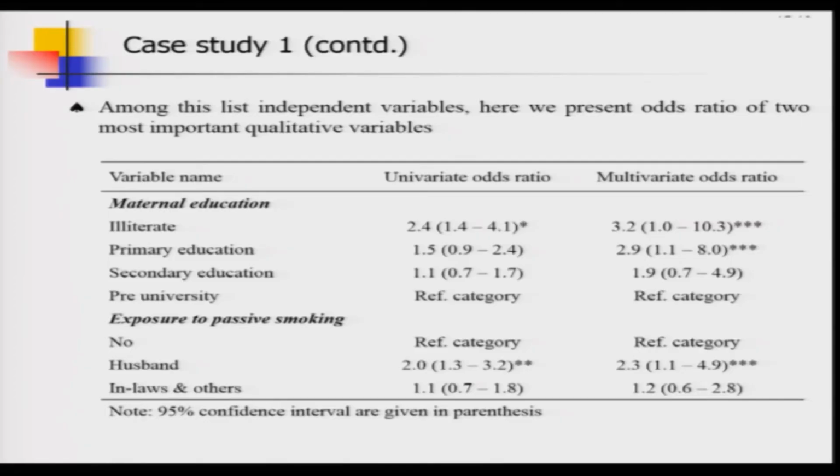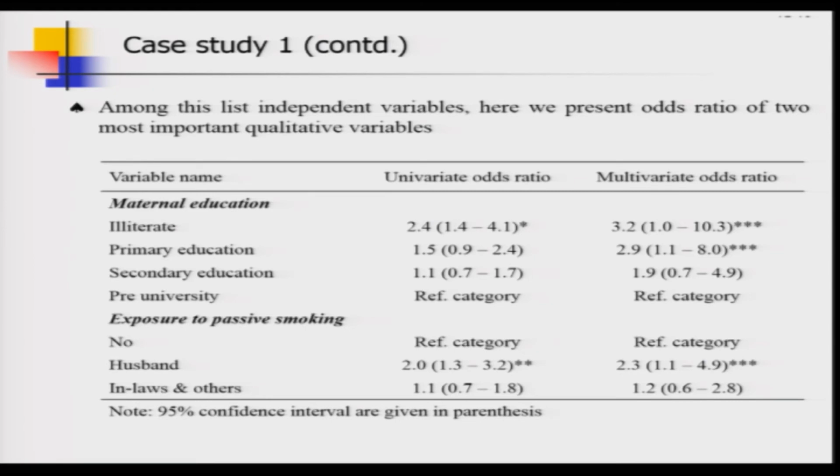Now, let us look at the role of education, because education plays a very big role in socio-demographic research. Here you see that from illiterate to primary education means that the mother is a little bit educated, then primary to secondary education means that the mother is more educated.